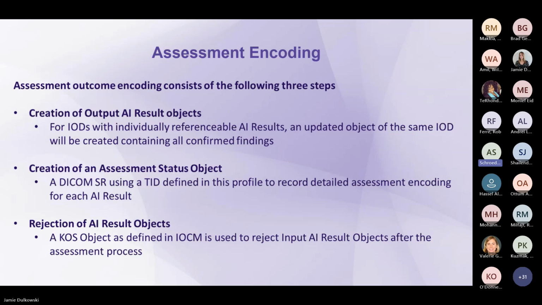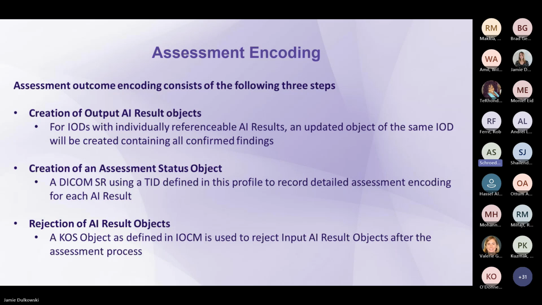So basically, whether the finding was accepted, whether it had to be modified, but also rejected, added, or the 2 scenarios that they have not been reviewed, or that the user may not have been able to perform the assessment because he was unsure what it is. There is something in the image, but the reading physician isn't sure what it is.